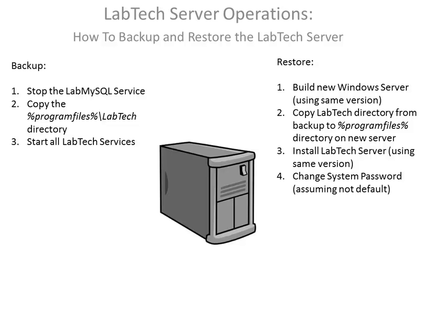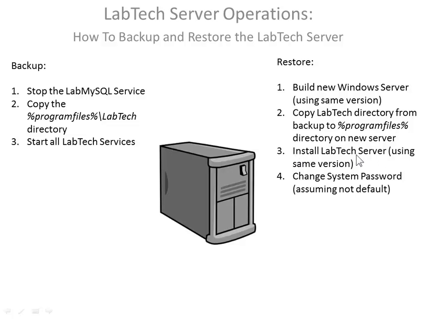Now if we want to do a full restoration, what we need to do is rebuild a LabTech server, a Windows server, using the same version of Windows Server that we were previously running. We want to copy the LabTech directory that we got from here and just put it right into the program files directory, right from where we found it.